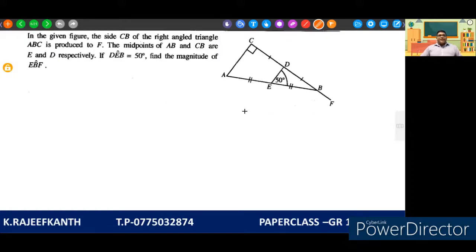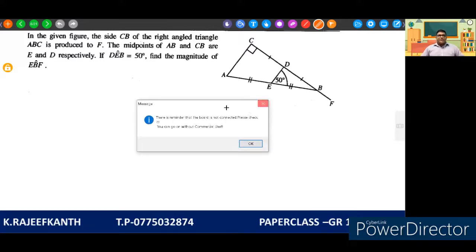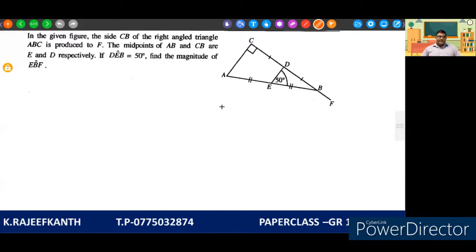In the given figure, the side CB of the right angle triangle ABC is produced to F. Here the side CB is produced to F. The midpoints of AB and CB are E and D respectively.